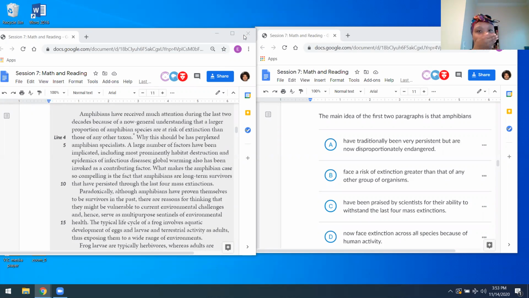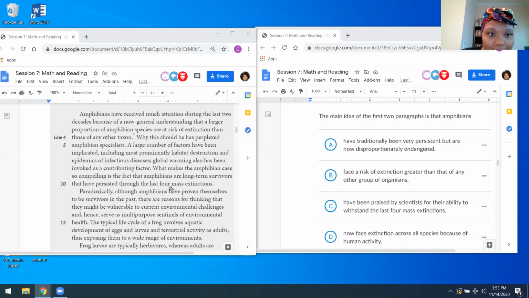But it talks about how the amphibians are at a risk more than ever.